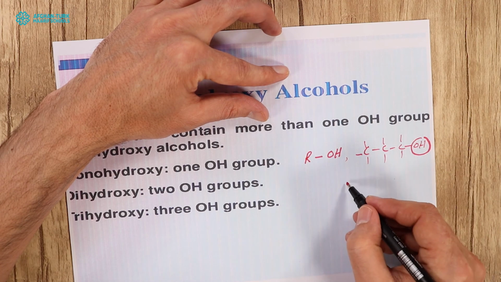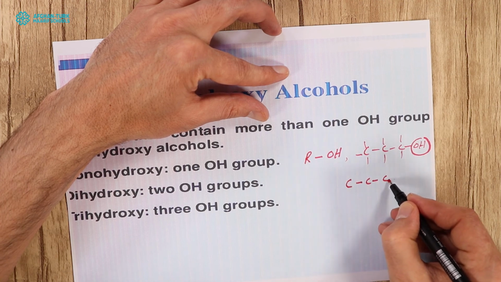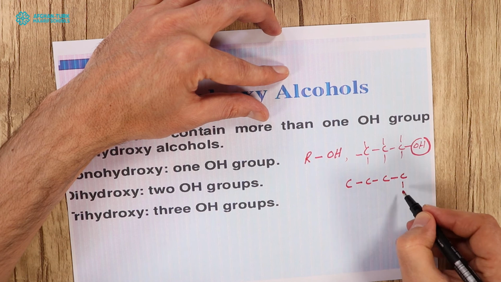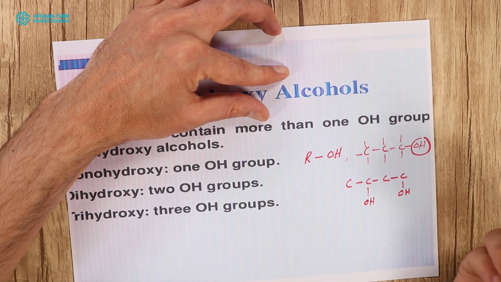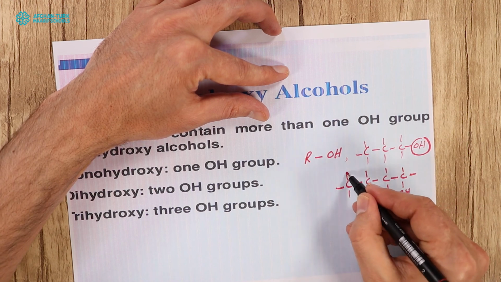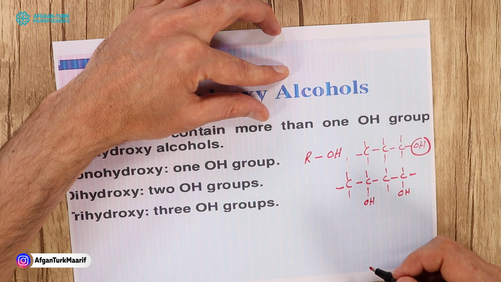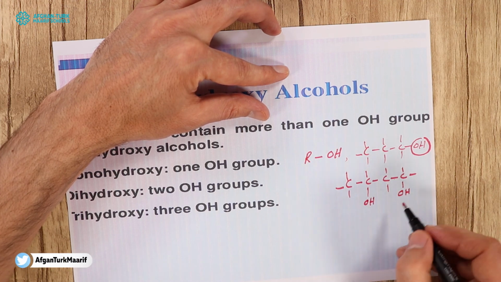When you have 2 OH groups there, for example, you can see it here, 1 carbon, 2 carbons, 3 carbons, 4 carbons. One OH is here, the other OH is here. So such type of alcohols we call dihydroxy alcohols. Dihydroxy alcohol, or 2 OH groups must be there.